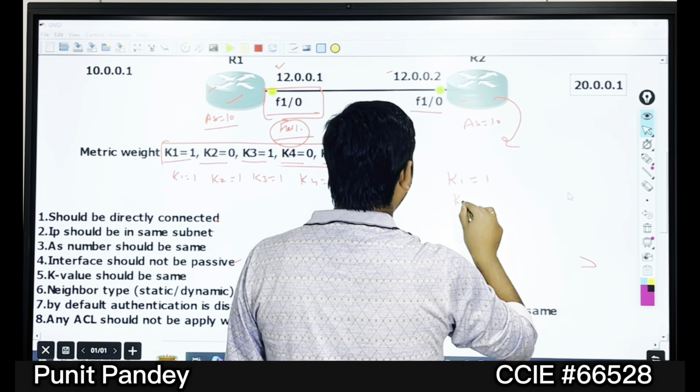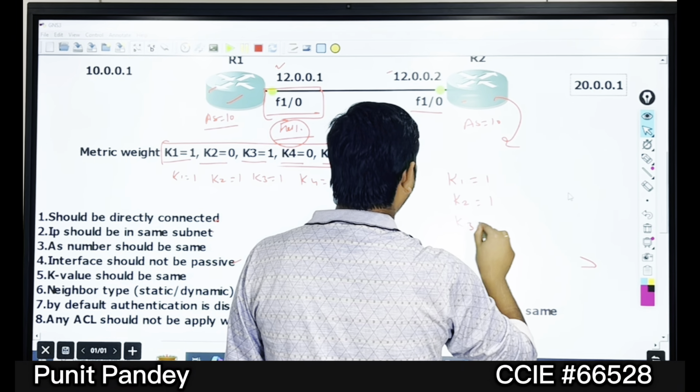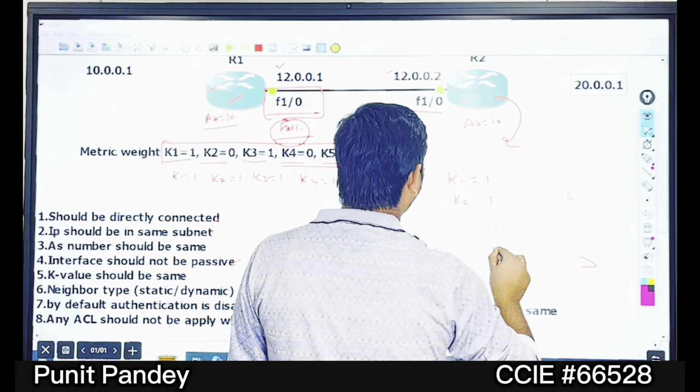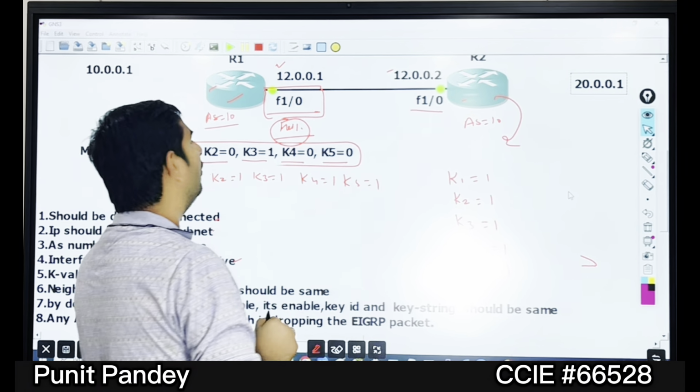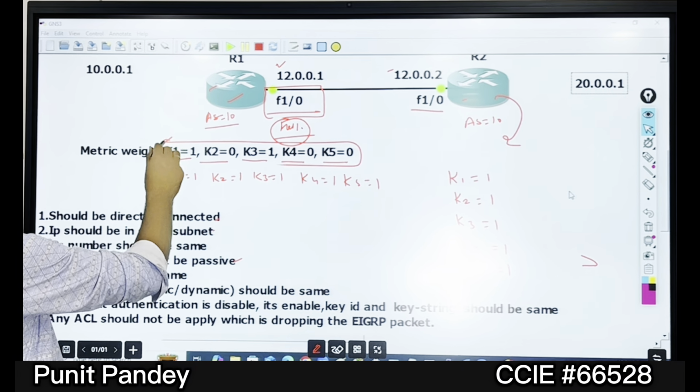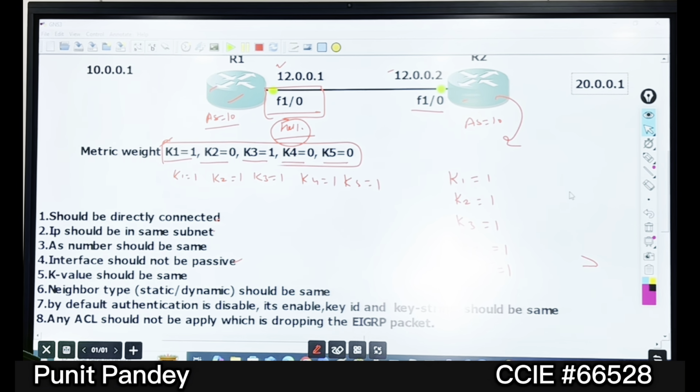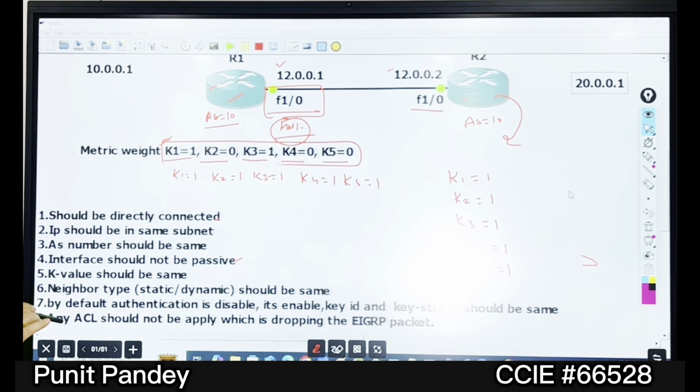If K value manipulation is there, you have to check that both sides are the same.